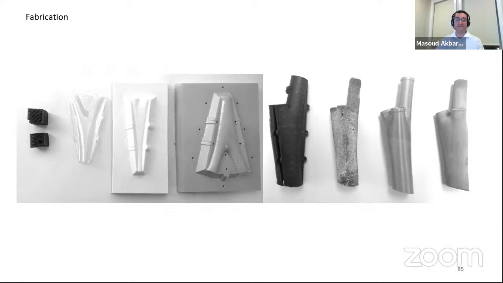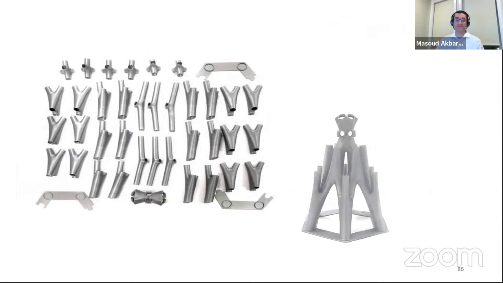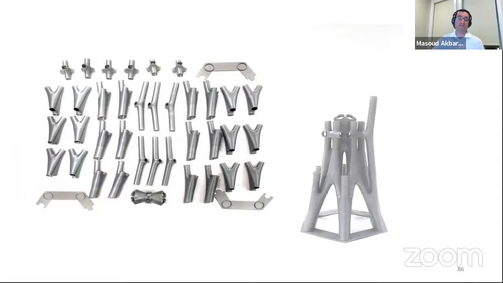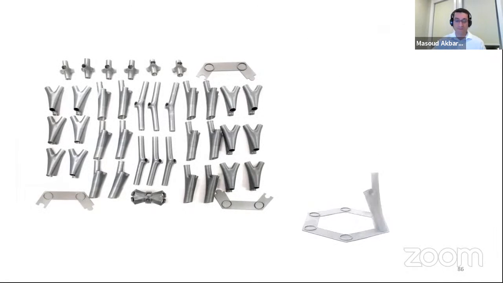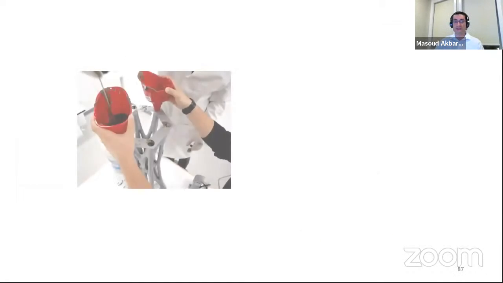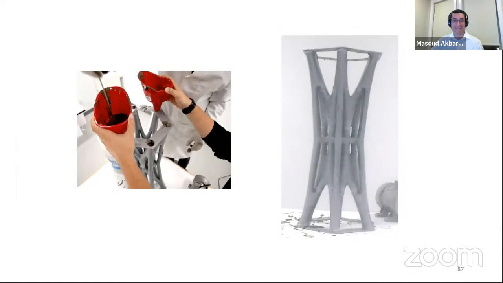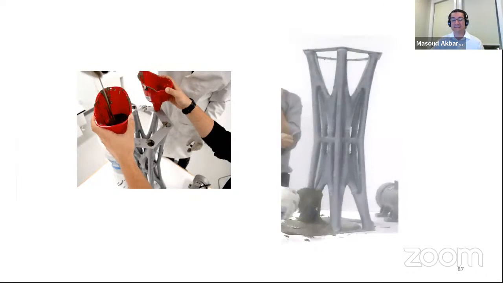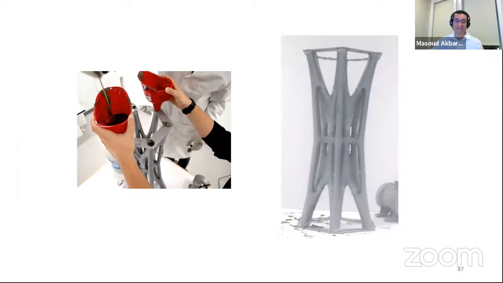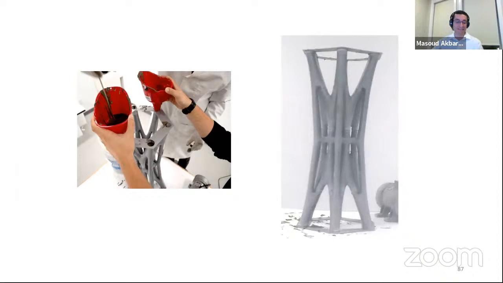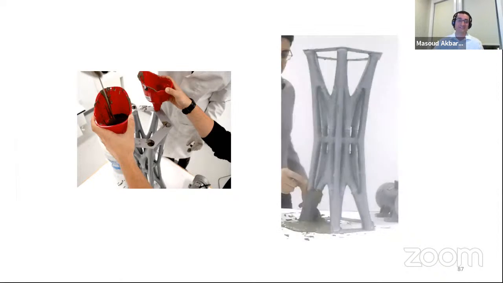So we went through a bunch of techniques, and finally we came up with this method: we can 3D print the formwork and assemble the formwork, and then take off the mold after casting. Obviously, we had some difficulties because we had to make these 3D printed molds quite thin in order to be able to remove them afterwards. But then the hydrostatic pressure of concrete and so on, it was a fun exercise.